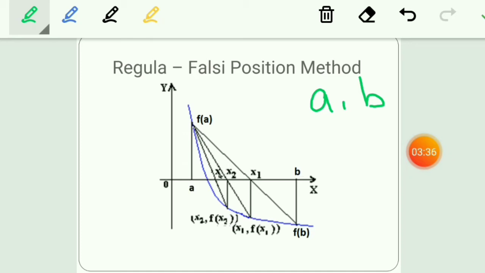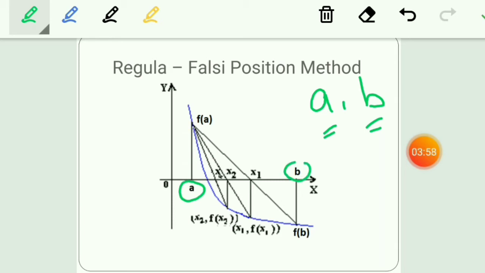So when I get these values a and b, I mark them on my graph. Here I have the x and y axes, and the values of a and b are marked on the x-axis, because this is the value of x.